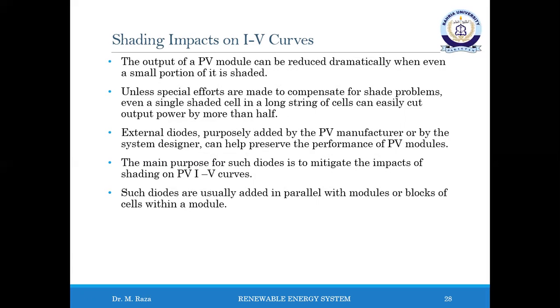External diodes purposely added by the PV manufacturer or by the system designer can help preserve the performance of the PV module. The main purpose of such diodes is to mitigate the impact of shading on the PV characteristic curve. Such diodes are usually added in parallel with modules or blocks of cells within a module.